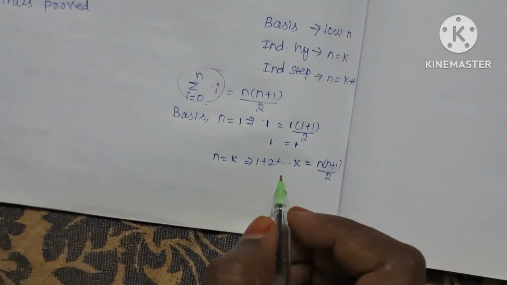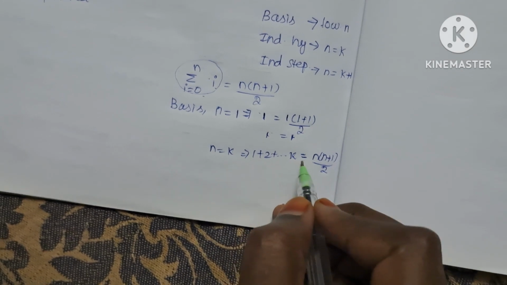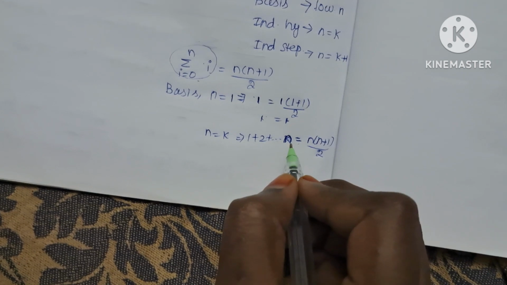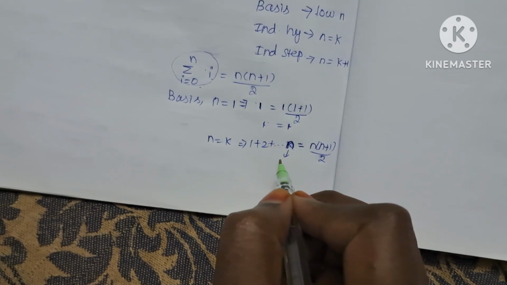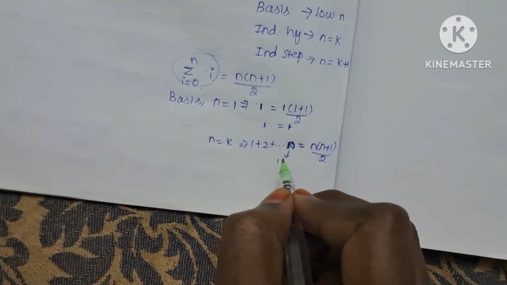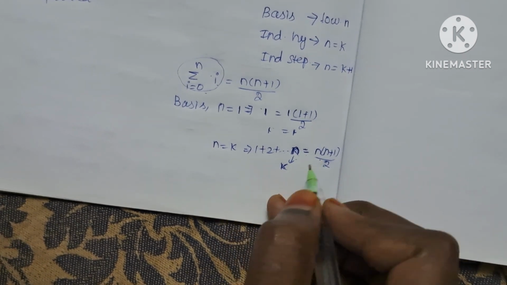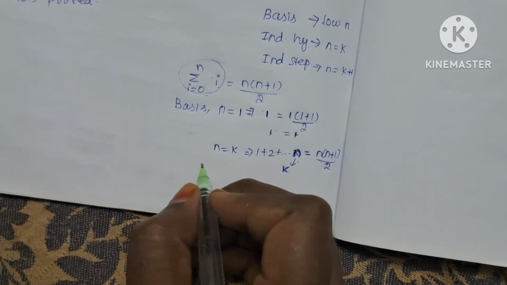Here we are assigning n equal to k, so we are substituting n to k and assuming left hand side is equal to right hand side.